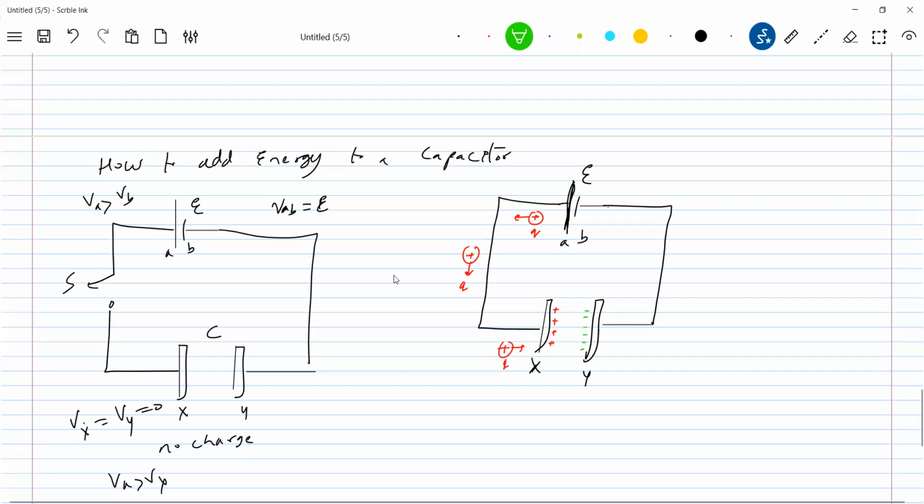And again, the positive charge will be attracted by the negative terminal, because charge of a cell must be conserved. And this is what happens. How long will this flow of charge occur? So first what will happen? As VA greater than Vx, the charge starts flowing here.